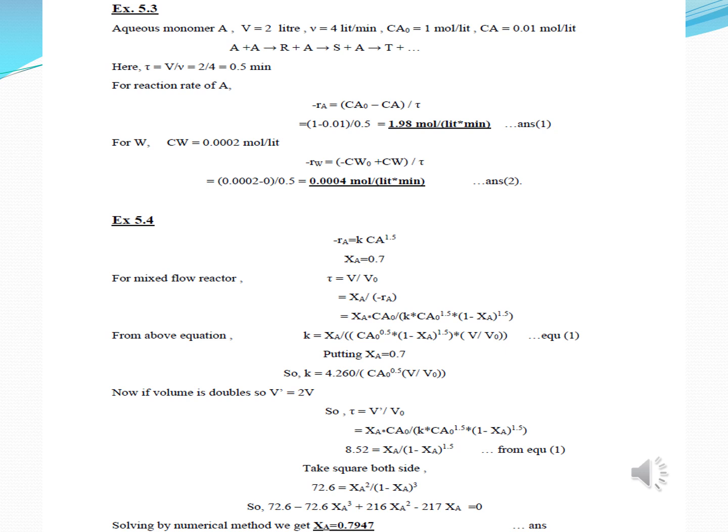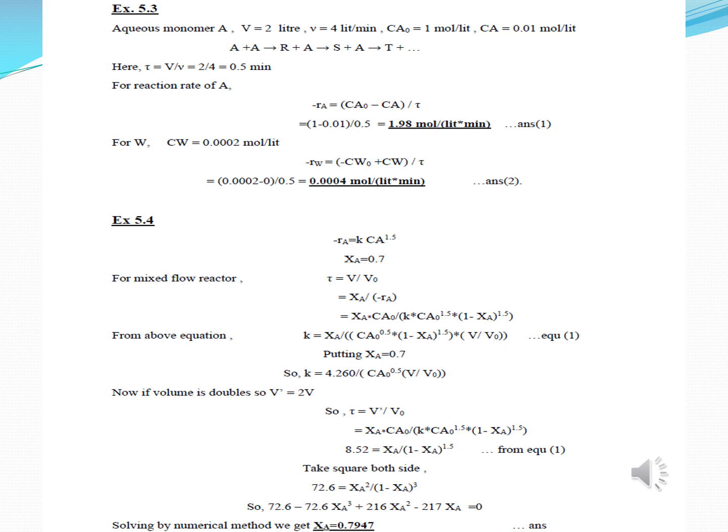So it's a chain reaction, and we can calculate the space time, which is equal to V by V naught, volume over volumetric flow rate. 2 divided by 4 gives you 0.5 minutes, and then you utilize the performance equation of MFR, that is minus Ra gives you Ca naught minus Ca divided by space time.